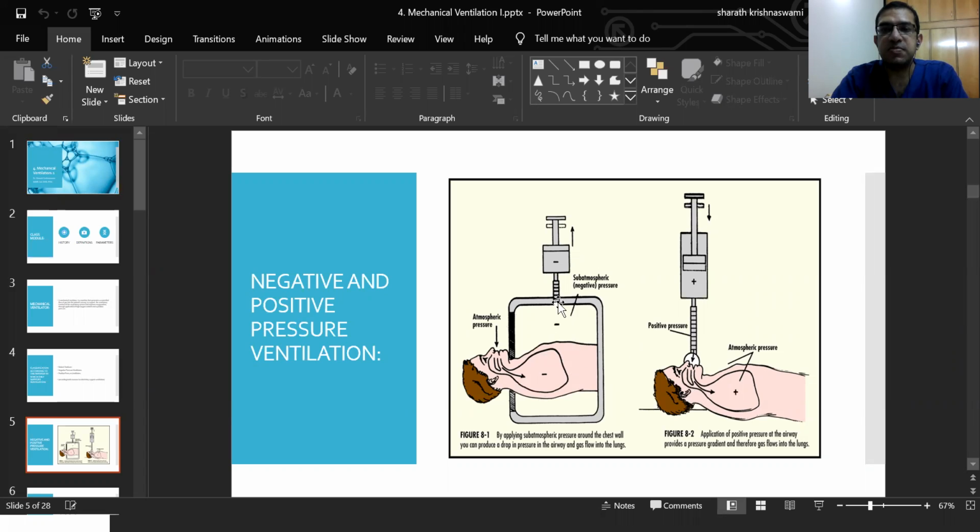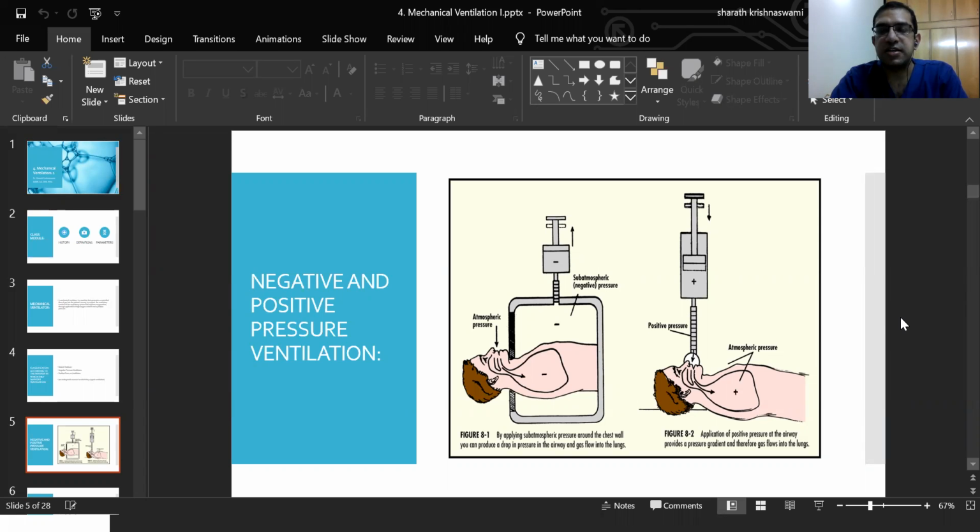Here you can see a piston is pulled up, which causes a negative atmosphere over the patient's thorax. This helps to suck in the air from the atmosphere because air is at a higher pressure in the atmosphere and there's a lower pressure in the patient's lungs.